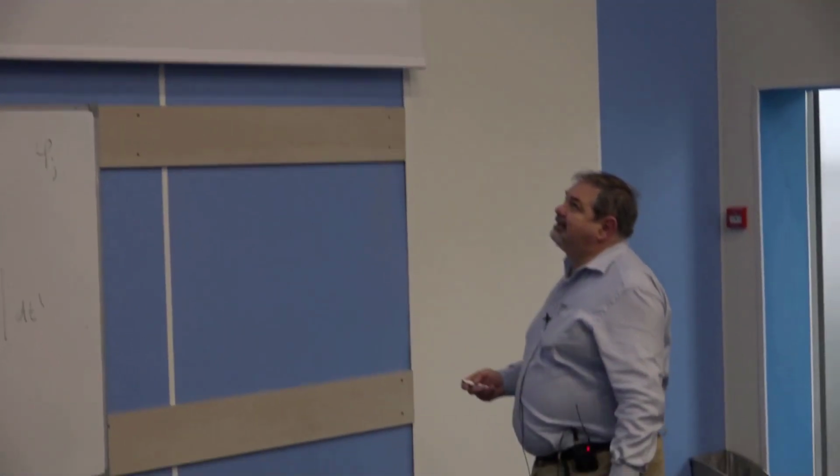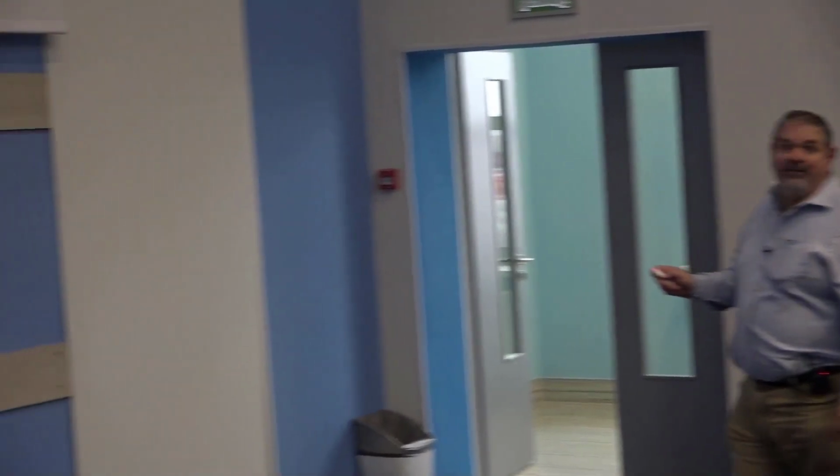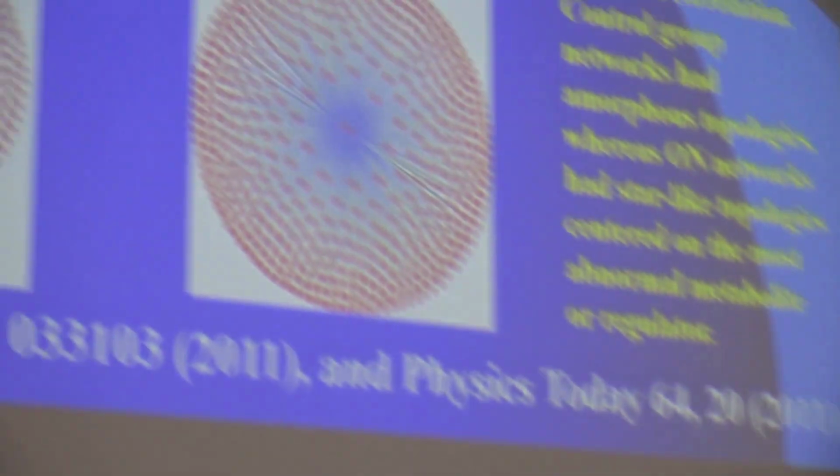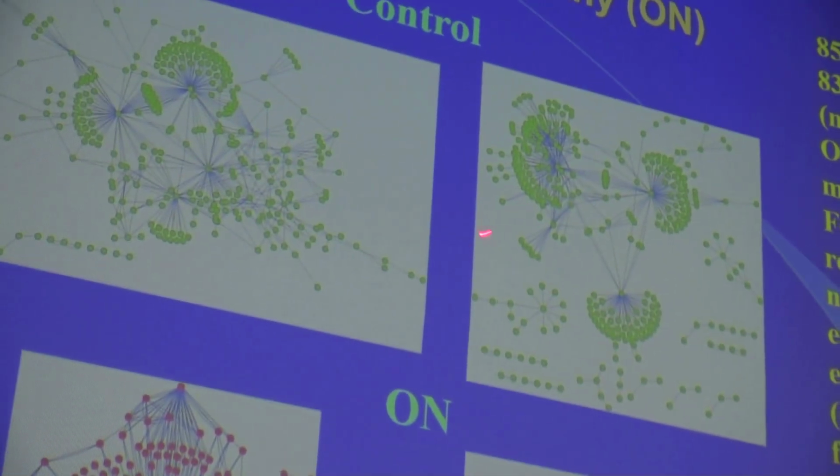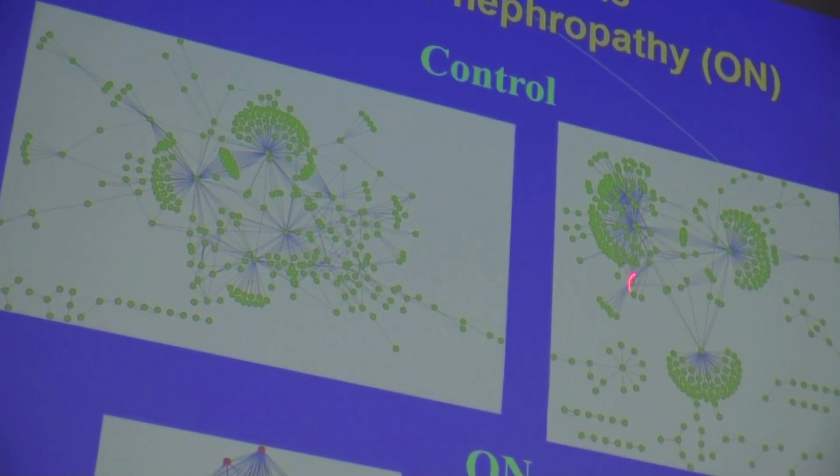Then you take the unlabeled subject. If the unlabeled subject is a healthy person, you see that your network is almost not structured.